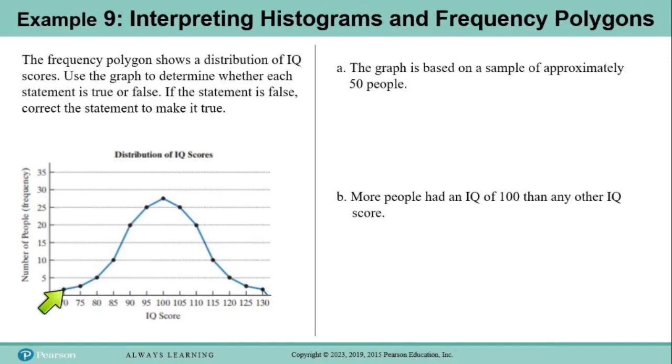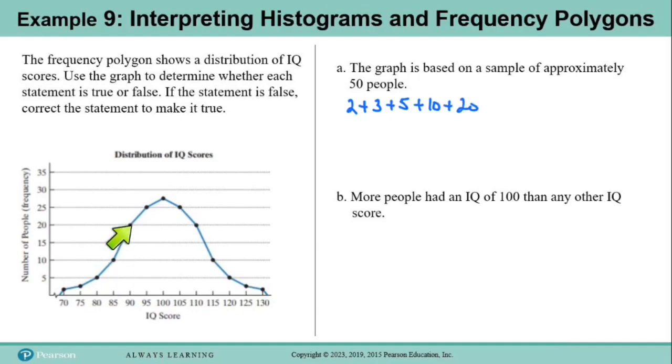And so I'm thinking maybe 2, and maybe this is 3. It's hard to tell if this is representing 1, 2, or 3 people, or maybe 4, who knows. But anyway, right here where it's right on the line, we know that this third class represents 5 people, and we know that the next dot represents 10 people, and the next dot after that represents 20 people. There were 20 people who had this particular IQ score.